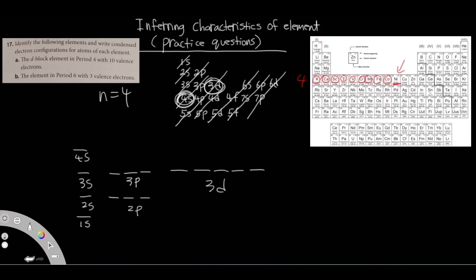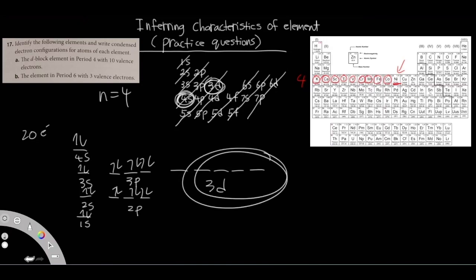If I were to fill this all up, 1, 2, 3, 4, 5, 6, 7, 8, 9, 10, 11, 12, 13, 14, 15, 16, 17, 18. I have to go here first based on this rule. It's 18, 19, 20. So right now we have about 20 electrons. But where are our valence electrons? This is not our valence electrons, the one that we haven't filled up yet. Our valence electrons start from the highest principal quantum number, which is 4s. So we started here at 2.